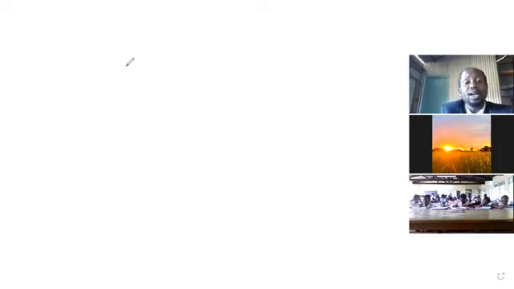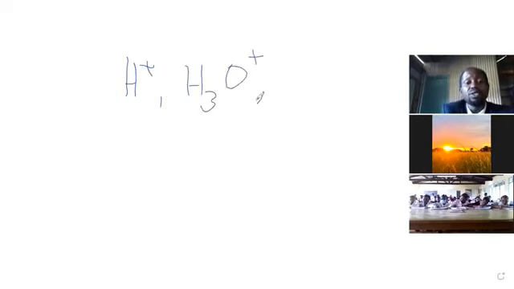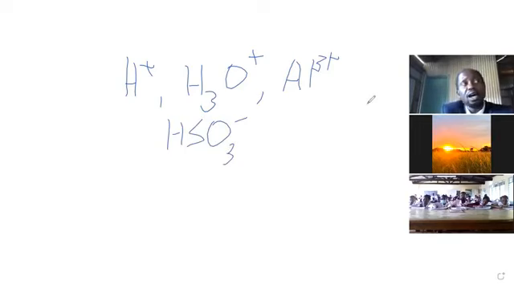The cations that are acidic are hydrogen ions, hydroxonium ions, aluminium ions, and the anions that are acidic, hydrogen sulfite ions. So all these are acidic.